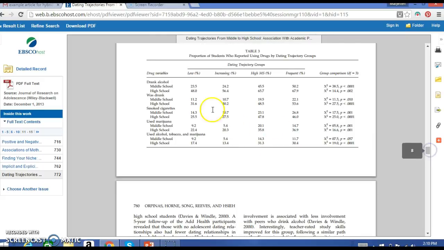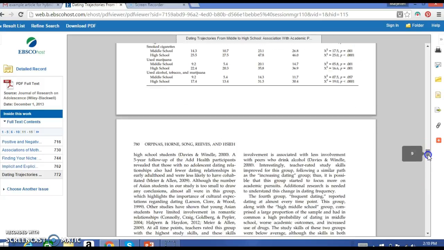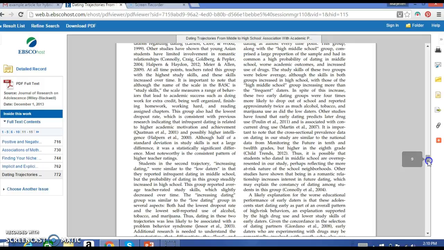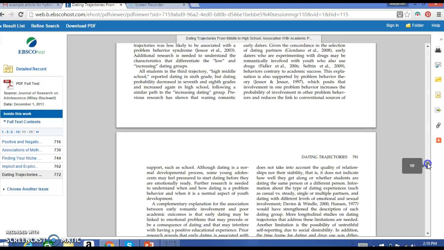As you can see, they do have some restated data right here, which also includes some statistics, but they'll explain this in narrative form. They'll make sense of it for you. And a close reading of this will get you very familiar with the successes and the limitations or failures of this research.